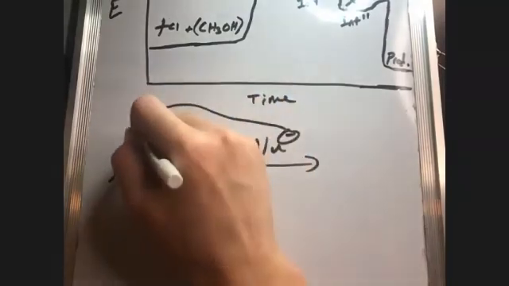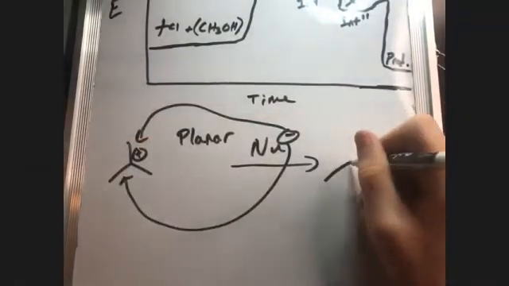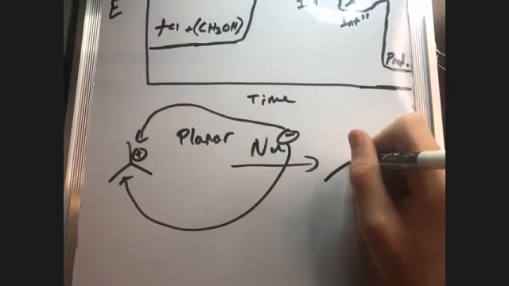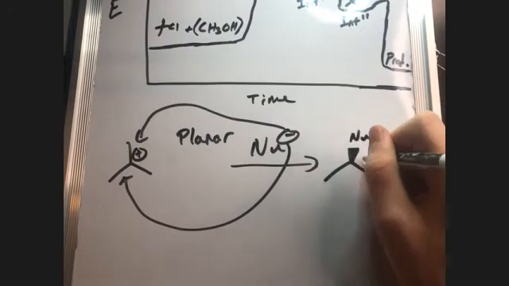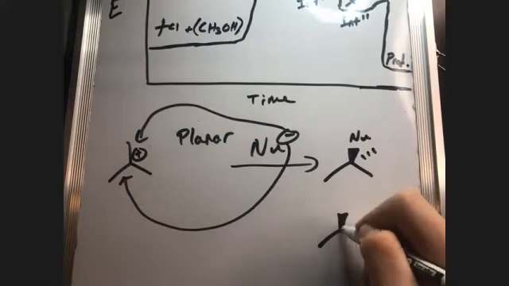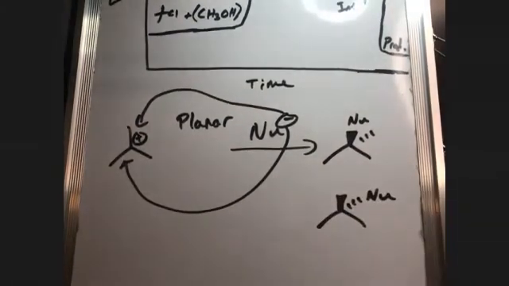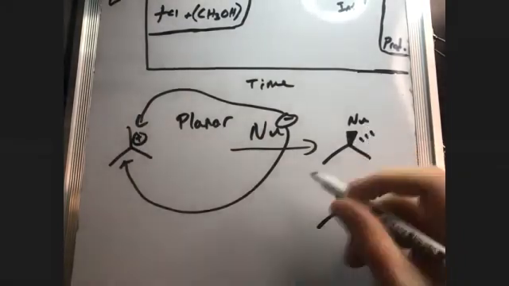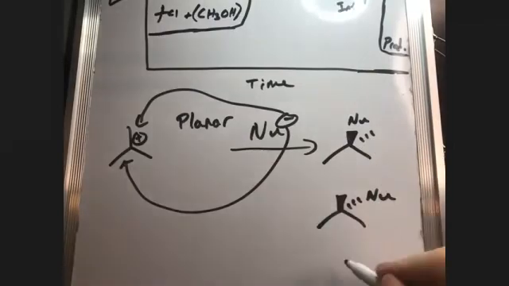It can attack from above the plane or below the plane. So what that means is this isn't a chiral molecule, but just for example, it means you would get this. If these groups were different, these would be different enantiomers, but in this case it's not, but still the idea applies. So essentially this is a racemic mixture.